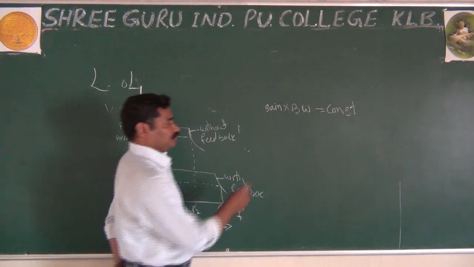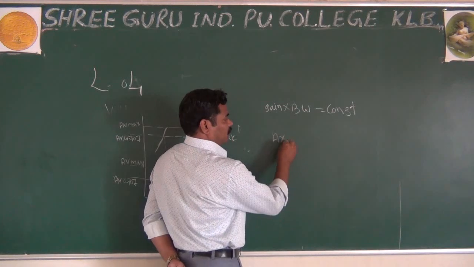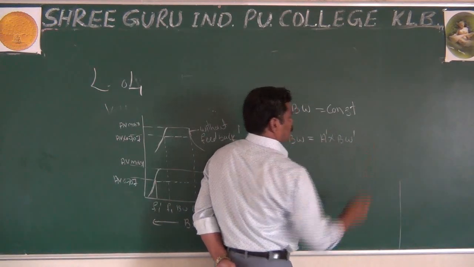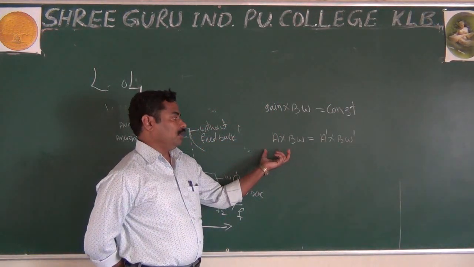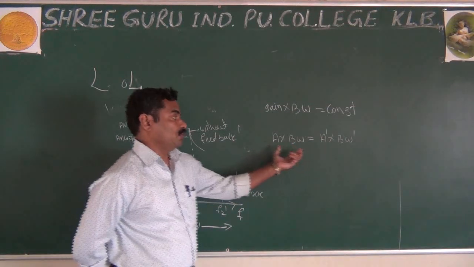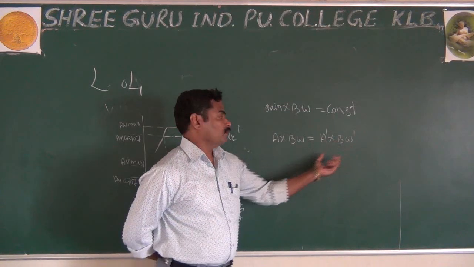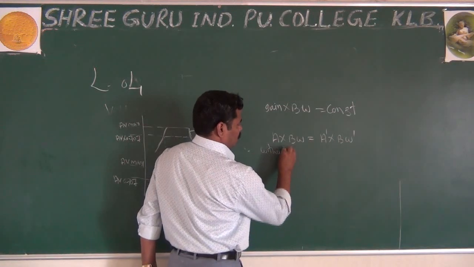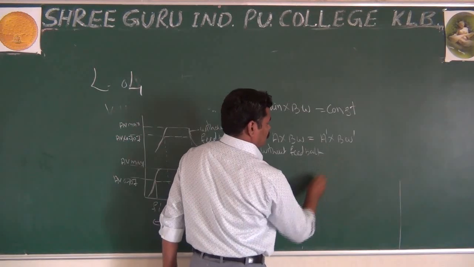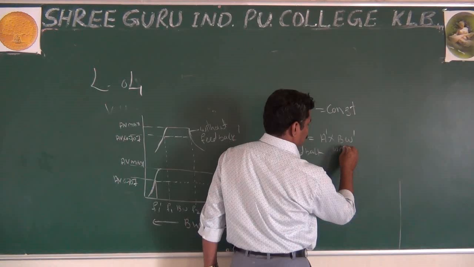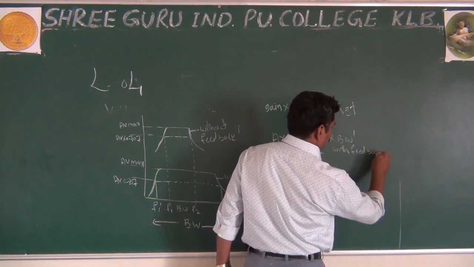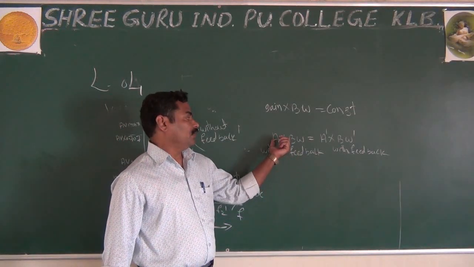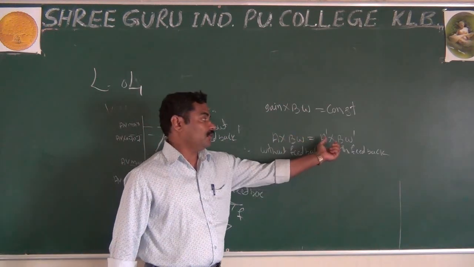So the gain with feedback, A dash, times BW dash, the gain and bandwidth product with feedback, is equal to the gain and bandwidth product without feedback.